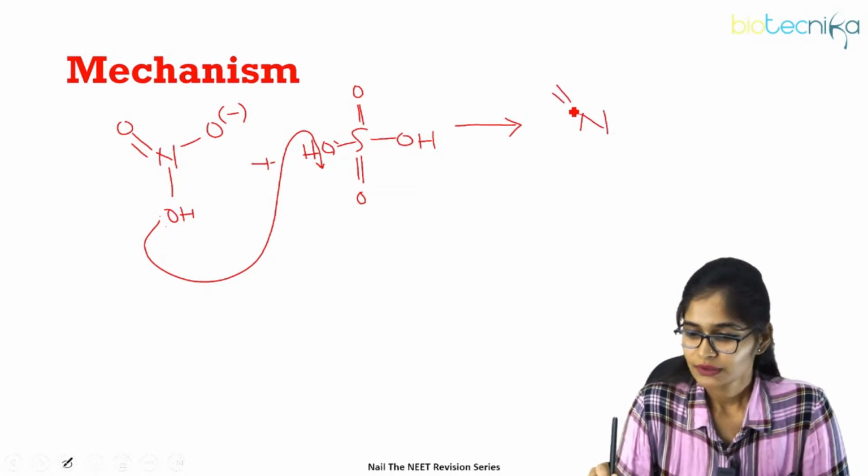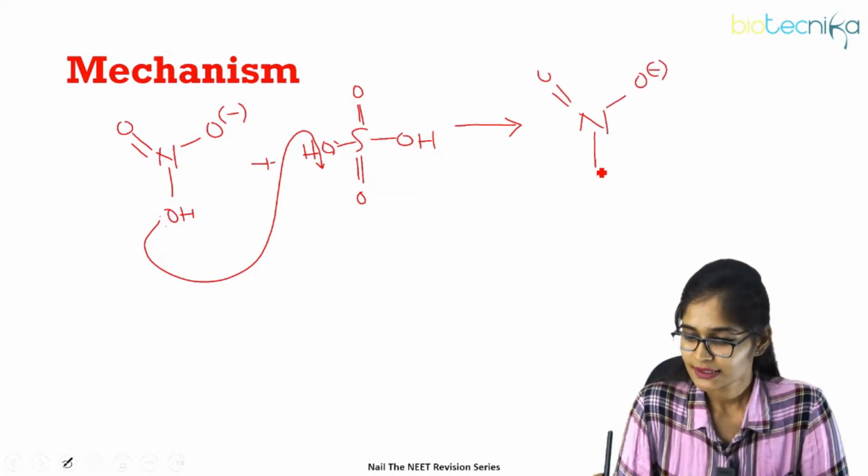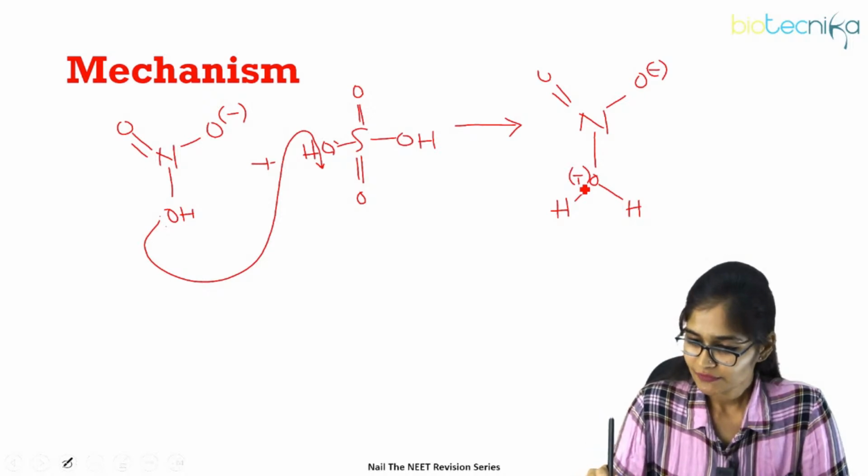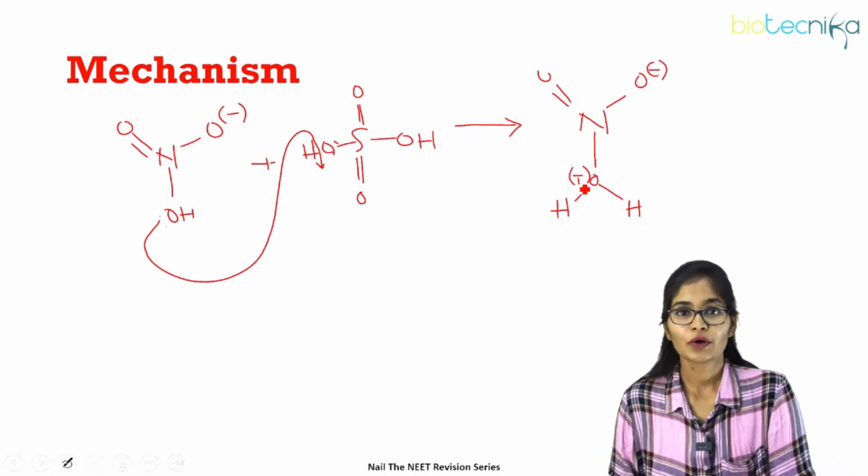And after grabbing, you can see that this oxygen overall is carrying a negative charge, and this side oxygen, which is carrying two protons, is carrying a positive charge, right? So oxygen will not keep itself quiet because it is carrying positive charge.